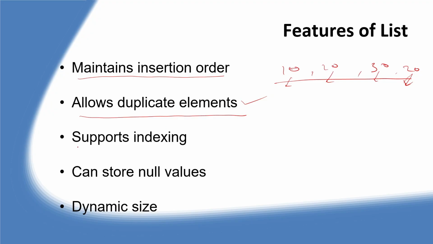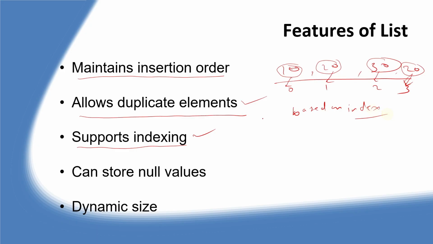It supports indexing based operation. That means let's say we have these values at index 0, 1, 2, and 3. These are the indexes. And suppose we want to access the value at whatever index, we can fetch the value based on indexes.